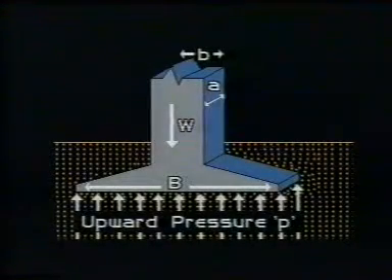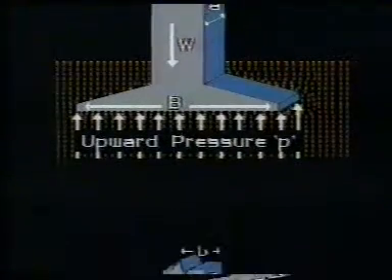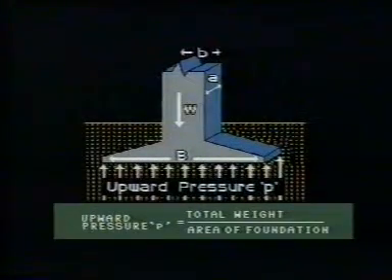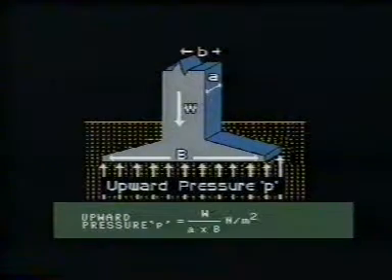Every substance, solid or fluid, exerts a force equal to its weight on any surface supporting it. This force per unit area is known as pressure intensity, or simply pressure.